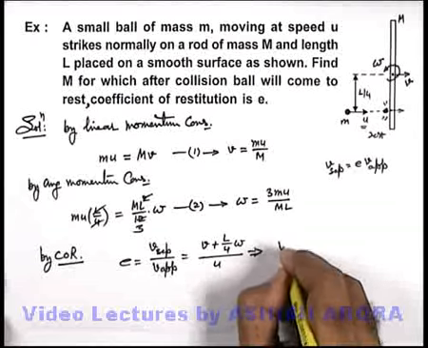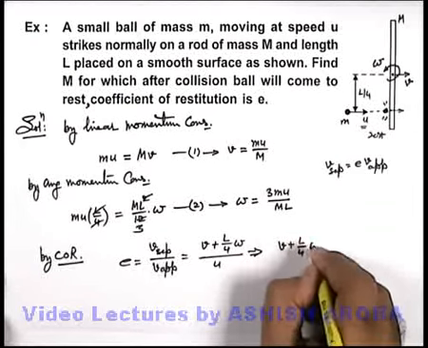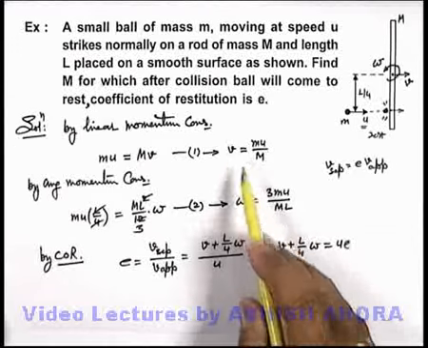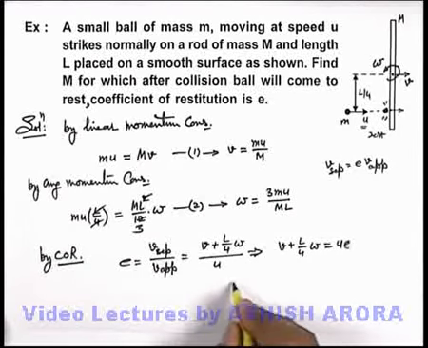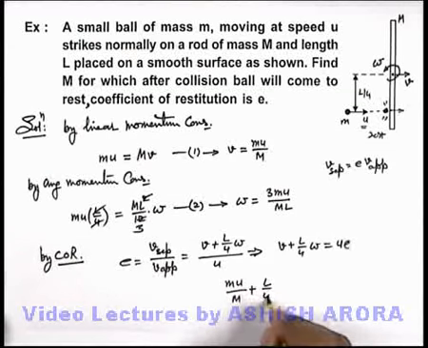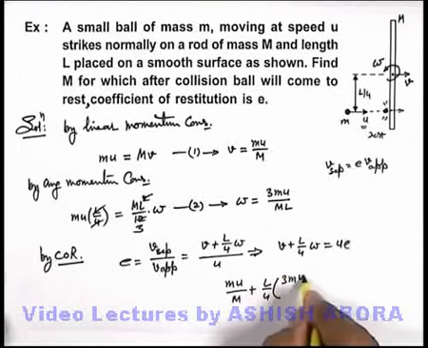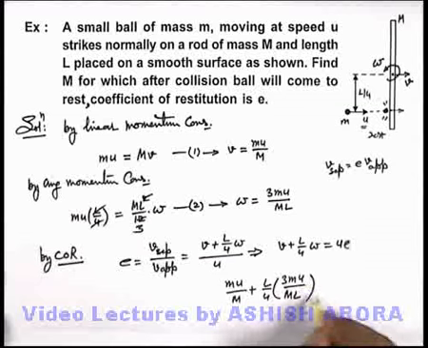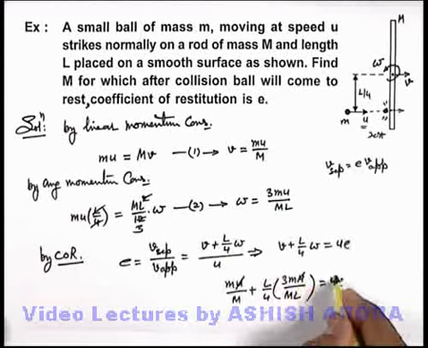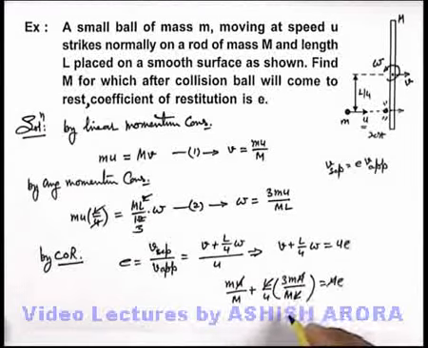So from here we'll get v plus L by 4 omega is equal to e u. Now we can substitute the values of v and omega over here. This will give us m u by capital M plus L by 4 into 3 m u upon M L is equal to e u. From here u gets cancelled out, L gets cancelled out.